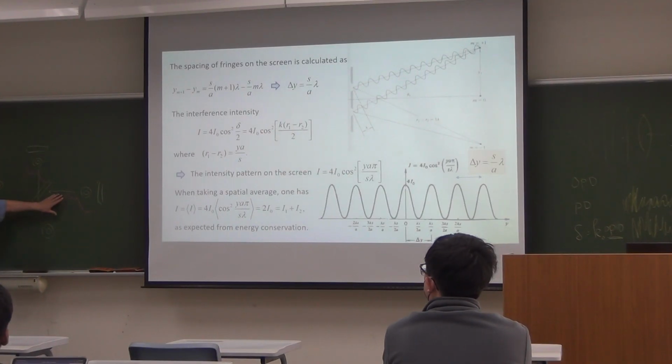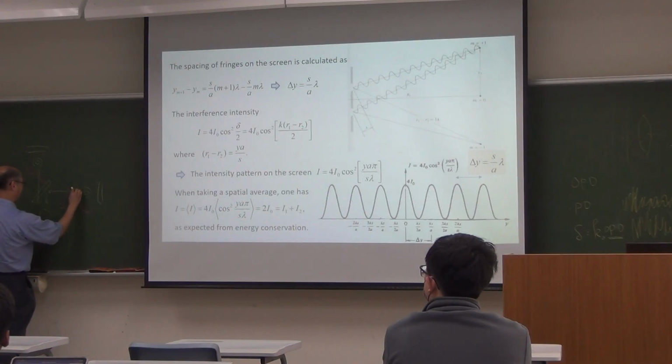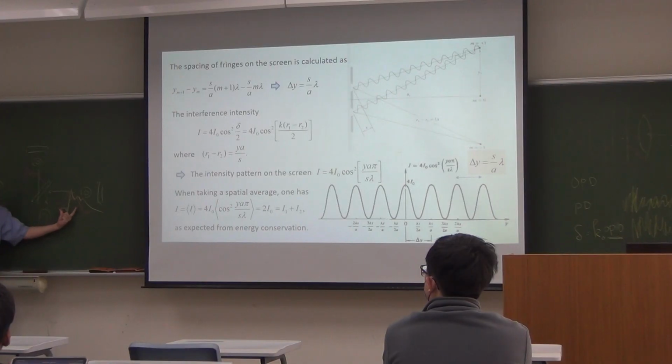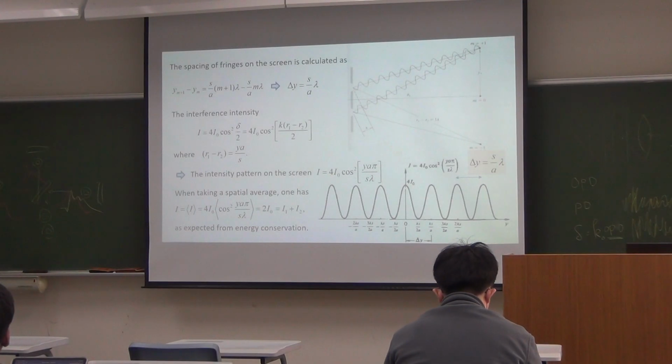But if I have any optical path difference between this and this, you'll be overlapping this with this. You cannot really get the constructive interference.